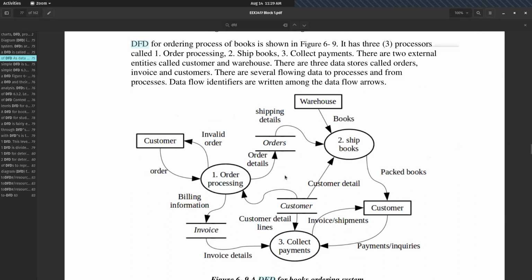How to identify levels? Anyone can explain?